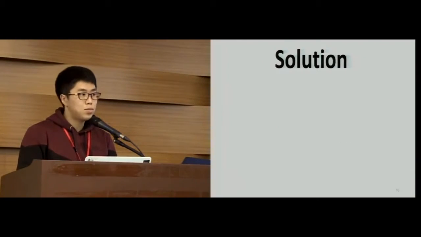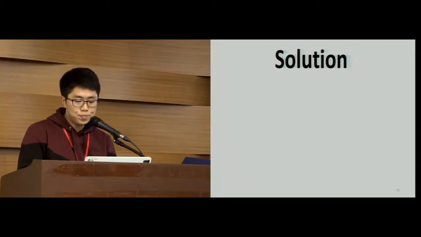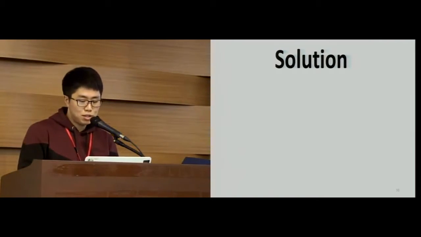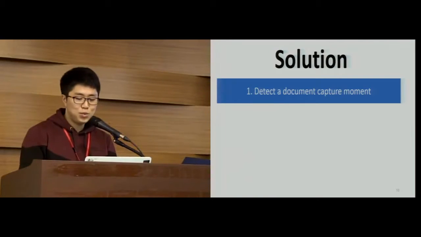To solve this problem, we designed ScanShot, which automatically corrects wrong orientation using smartphone built-in sensors. ScanShot consists of 3 parts. Firstly, it detects when the user is capturing documents by detecting the document capture moment using the accelerometer.